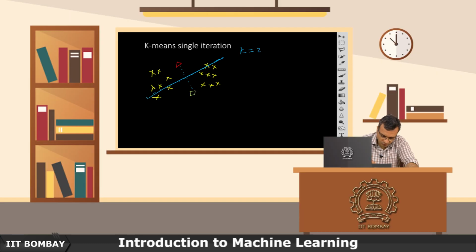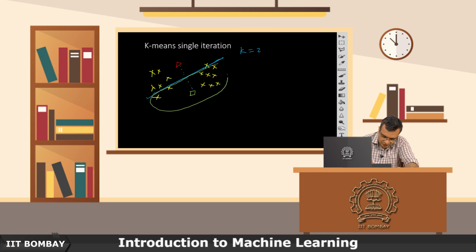So here all these points belong to the square centroid, because they are closer to the square centroid as opposed to the triangular centroid. On the other hand, let me expand this, it is going to include some other points also.